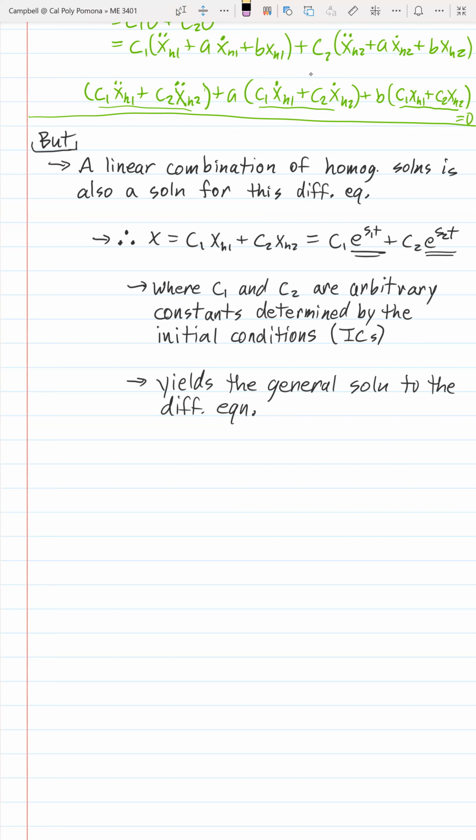So notice, real roots, distinct. Let's actually be even a little bit more precise there.